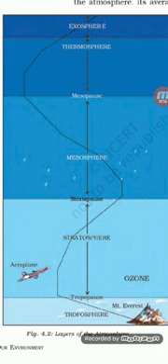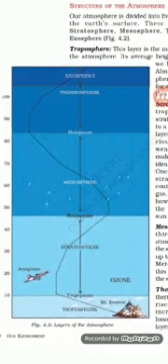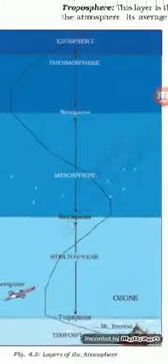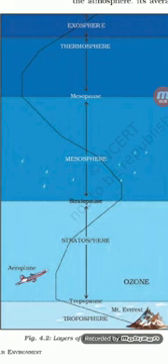The next layer we are going to talk about is the stratosphere. You can see here the stratosphere is the second layer and its height is up to 50 kilometers. This layer is free from any kind of weather phenomena, that means there are no cloud formations.